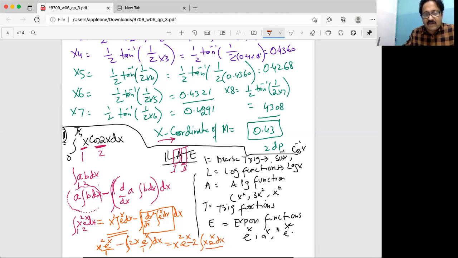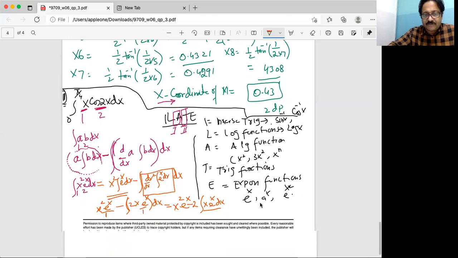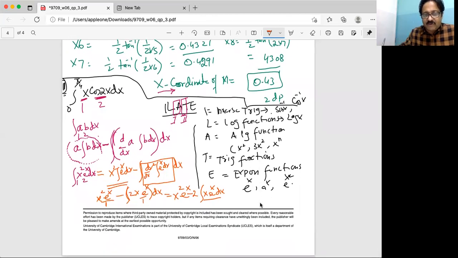Now here x is algebraic and e^x is exponential, so algebraic will come first. x and e^x: this will be first, that will be second.